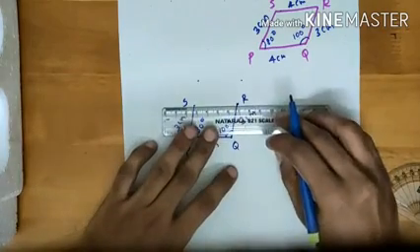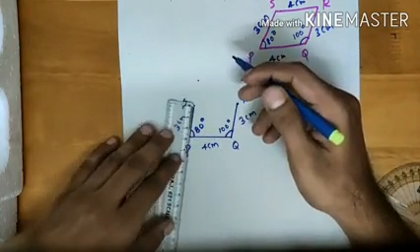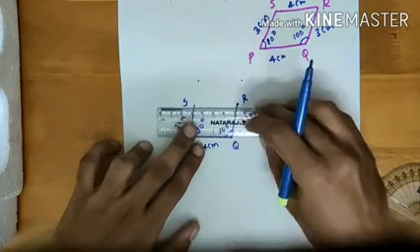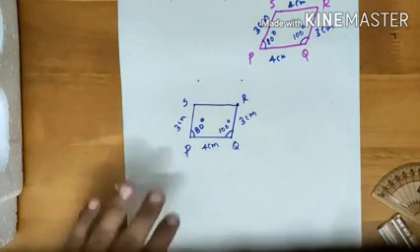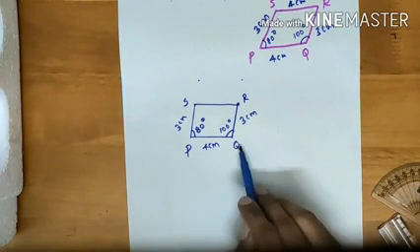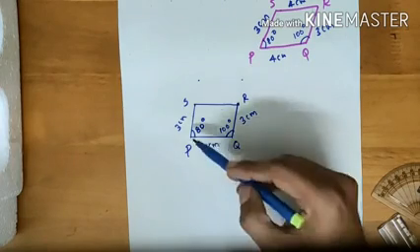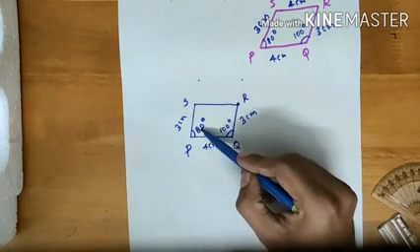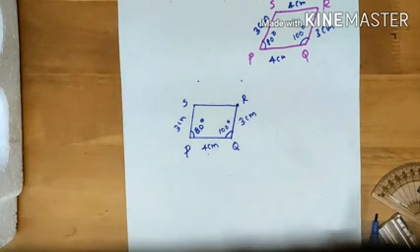Just join these endpoints. Now we get the parallelogram PQRS with PQ 4, PS 3, angle P equal to 80 and angle Q equal to 100. Hope you understand how to construct a parallelogram. Thank you.